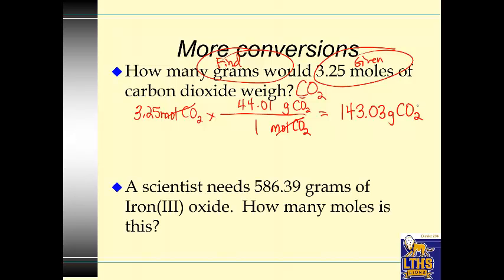One more conversion. A scientist. Ooh, that could be you. A scientist needs 586.39 grams. So this is what we're given of iron 3 oxide. We want to find moles of iron 3 oxide. The key to this problem is knowing the chemical formula of iron 3 oxide.